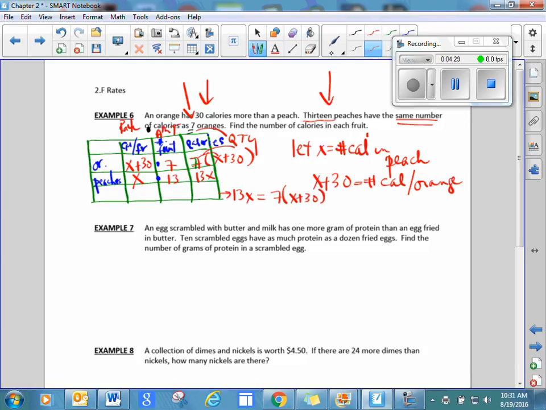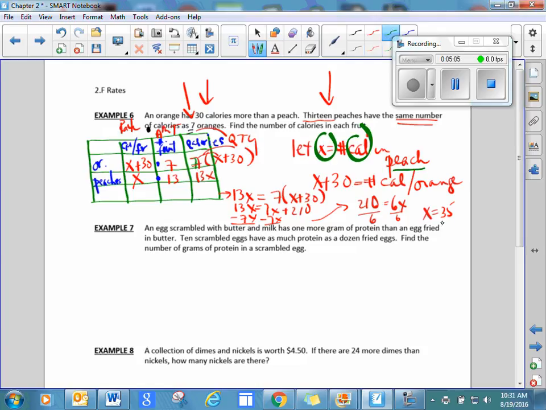So now we can solve the equation, we can distribute, and we can get 13X is equal to 7X plus 210. You can subtract and get those X's together, move the 7X over here, and we end up with 210 equaling 6X. Divide, and you get X is equal to 35. And I can go back up and say, oh yes, X is the number of calories in a peach.